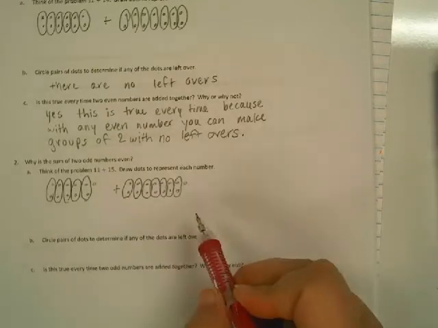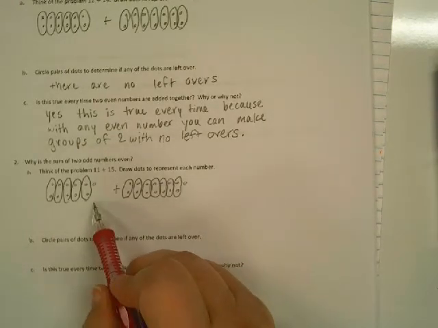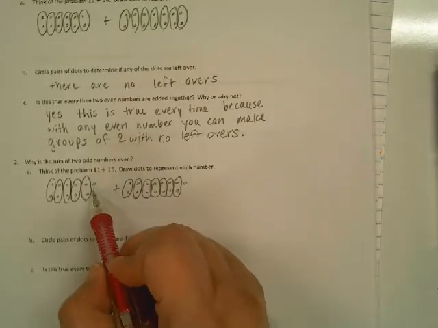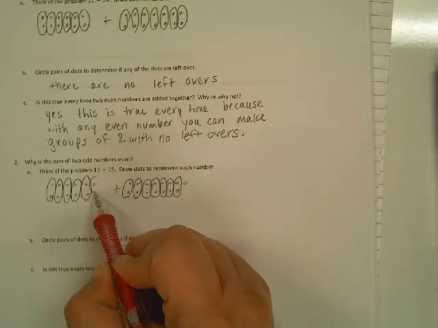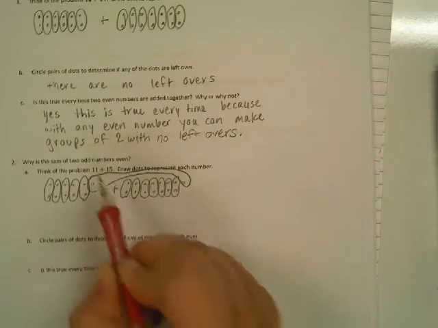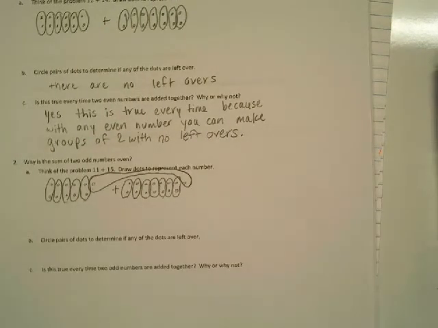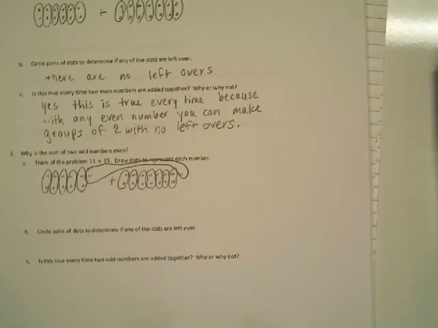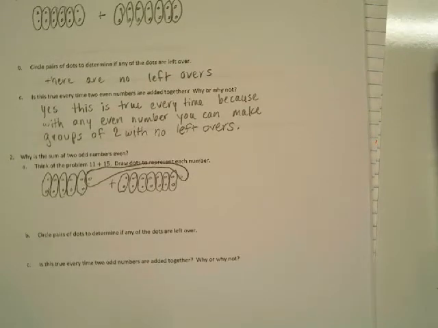And I've circled all the pairs that are one over the other one, but you can see in this odd number and in this odd number, there's one left, but I can connect those two together. So it says, is it true every time two odd numbers are added together?